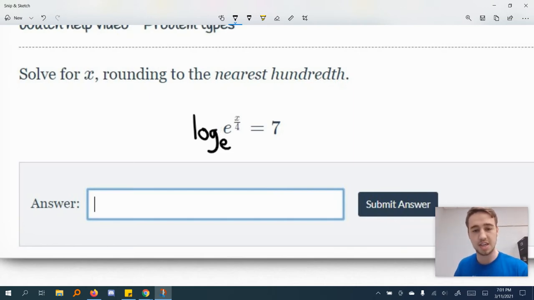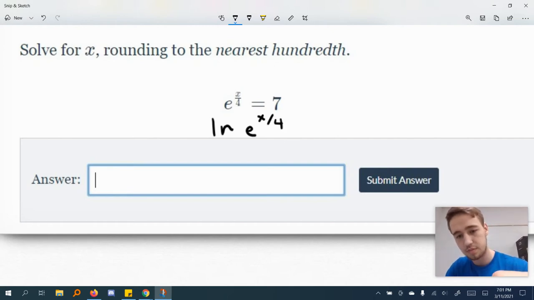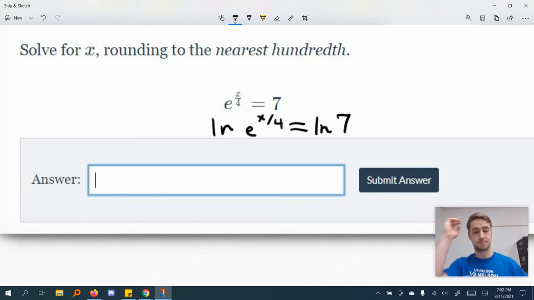So log base e, which is better known as natural log, of e to the x over 4. So let me go ahead and write that out. Natural log of e to the x over 4 equals, have to do the same thing on both sides, natural log of 7.